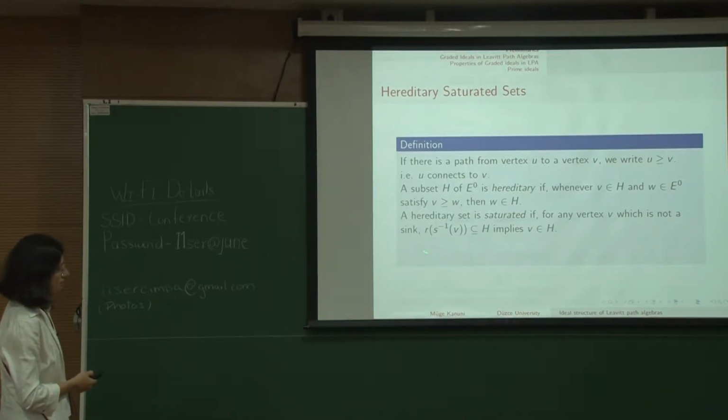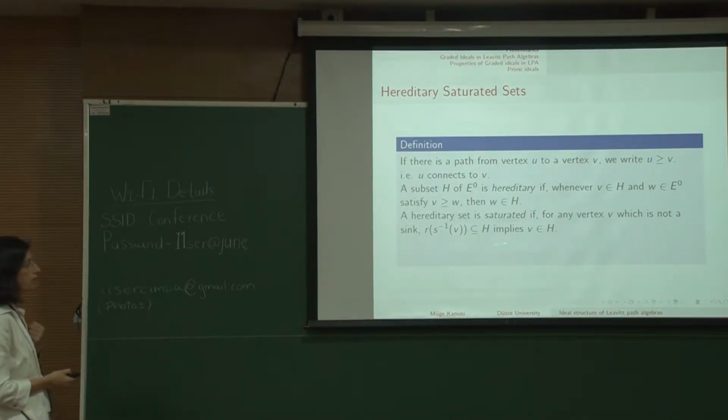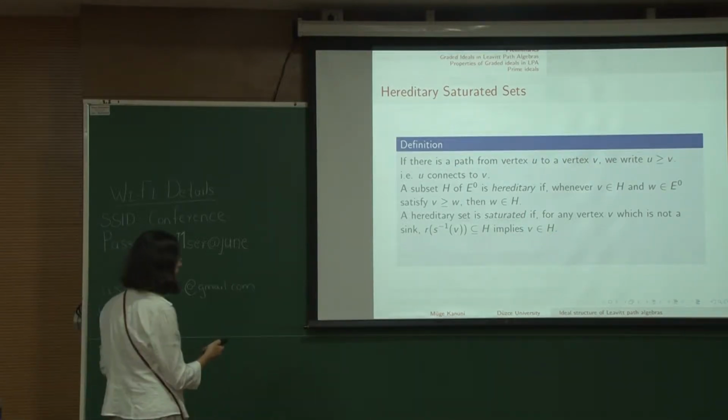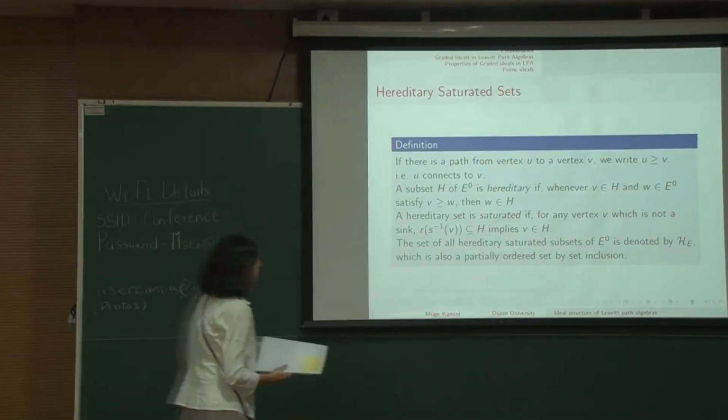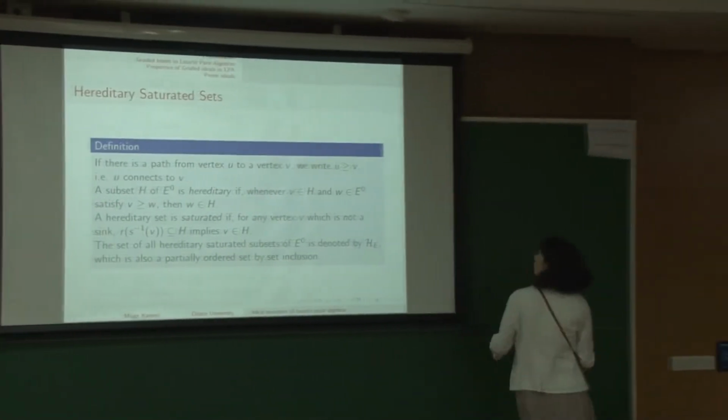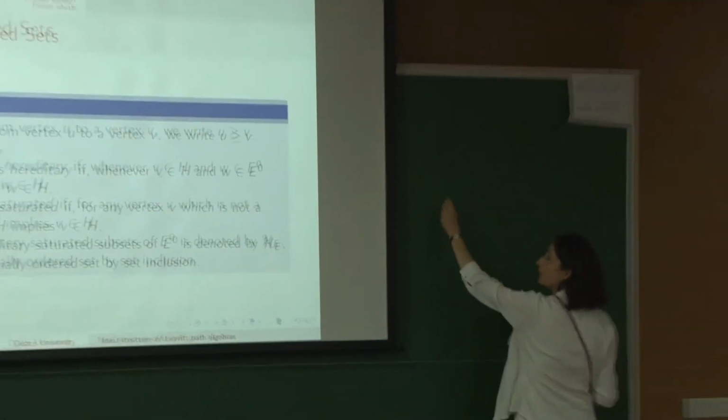If all the targets are in H, then you take v into H. So we start with an arbitrary vertex in E0, and provided that the targets of all the edges that v emits are in H, then you have to take v in your set. Let me give an example here. The hereditary and saturated sets will be important for us in determining the ideals.